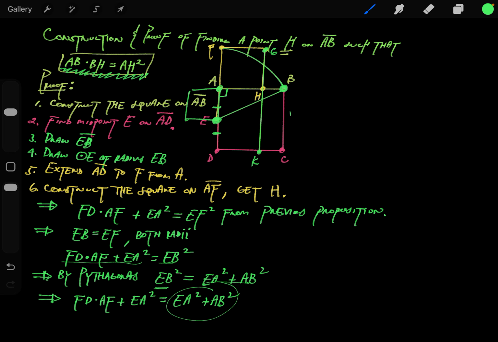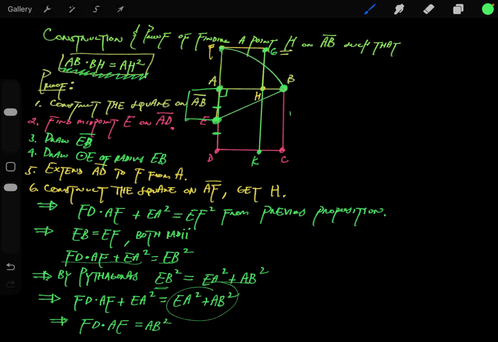Now, after we have this relationship, we should see by subtraction that FD times AF equals AB squared. Now look at the picture.